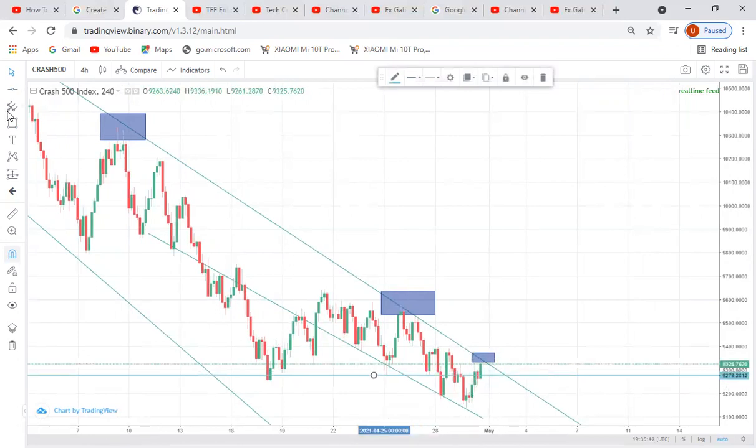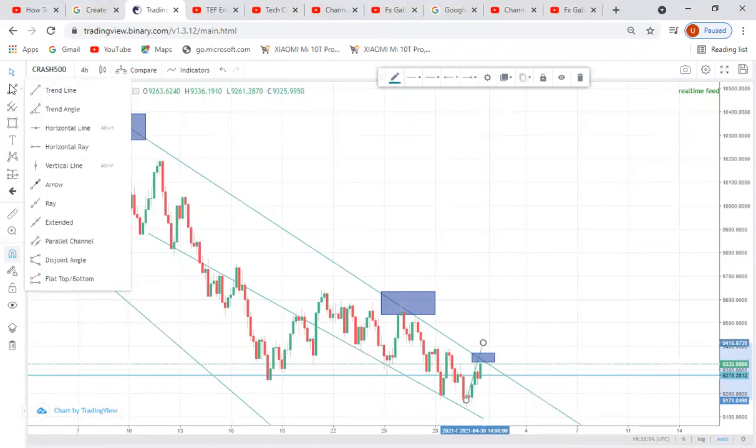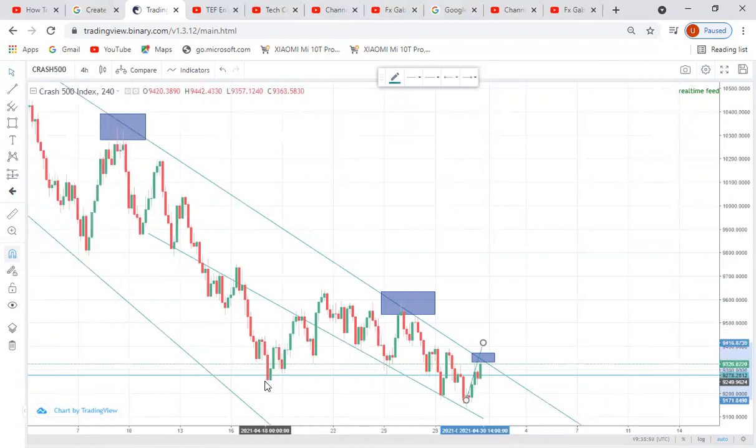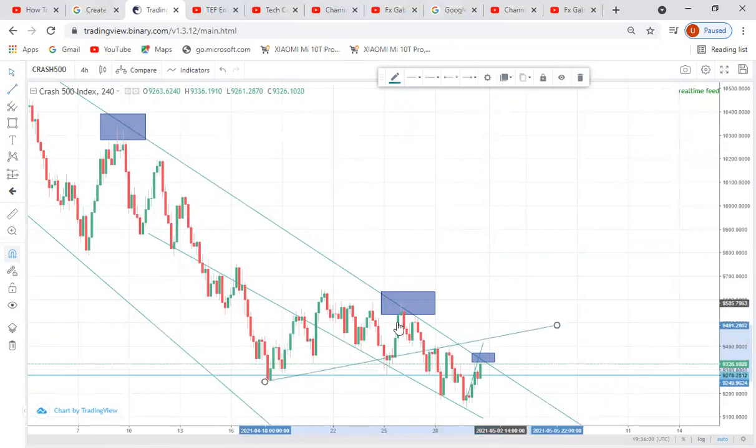Let's say we have price breaking out of here. If it breaks here successfully, why am I looking at the level? If we put a straight line following the wick of this candle, remember I told you my strategy is price action.